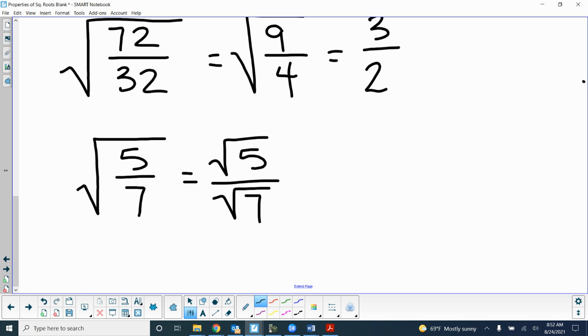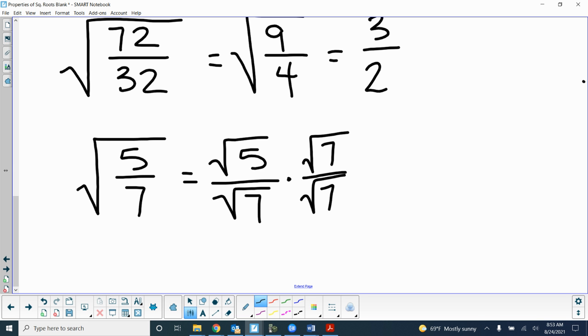Okay? So we have to, what we call, rationalize the denominator. And the way we do that is multiply by the square root of 7, whatever is in that denominator, over itself. What's anything over itself equal? 1. So it's like multiplying by 1, and anything times 1 is itself, right? So we're just going to look different, we're really not changing it, we're just rationalizing the denominator, getting that radical out of the bottom.